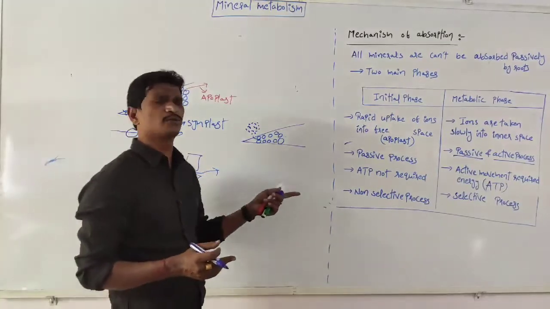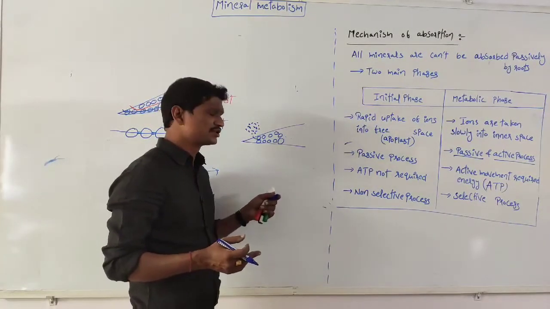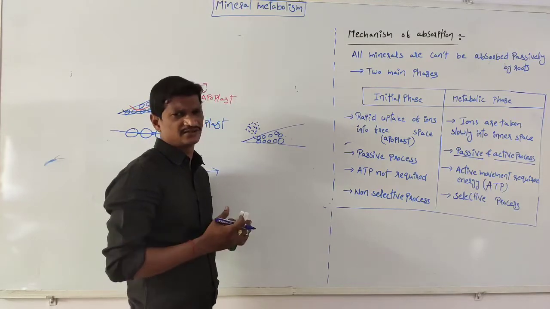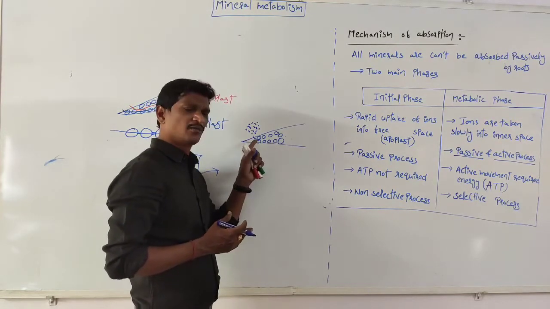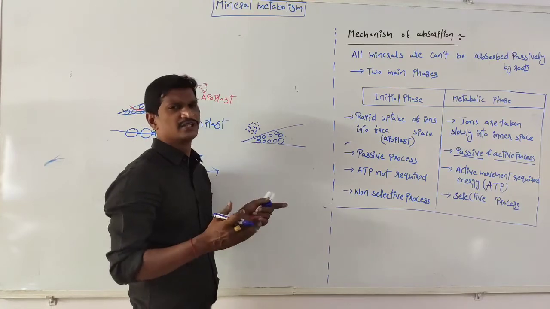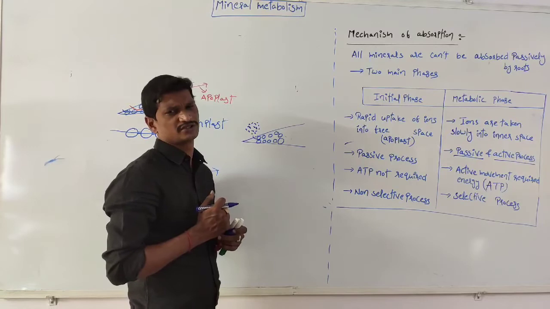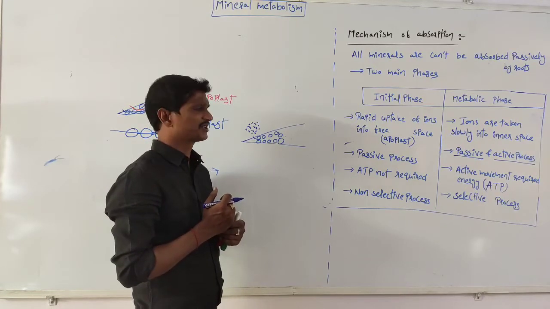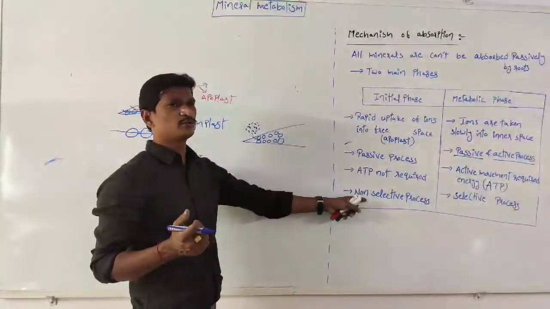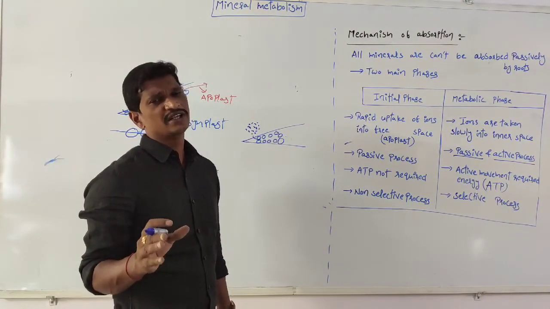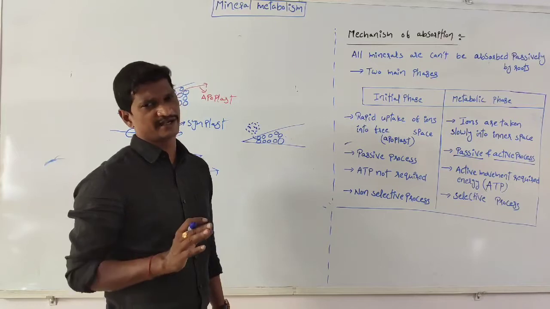And this is the non-selective process. Just now I said there is no involvement of plasma membrane. Cell wall is dead. And here, the molecules are transported between the cell walls. Rapid absorption is there. No selective process because cell wall is dead. Right? So, non-selective process.